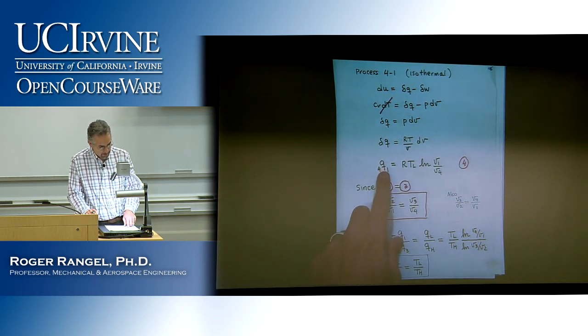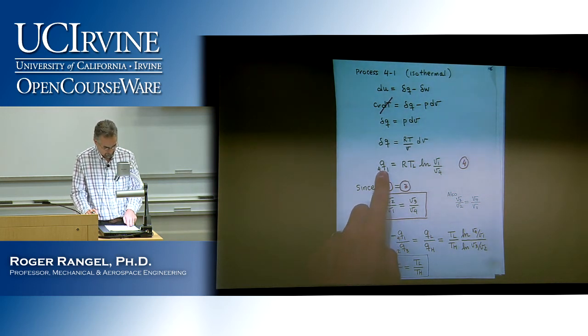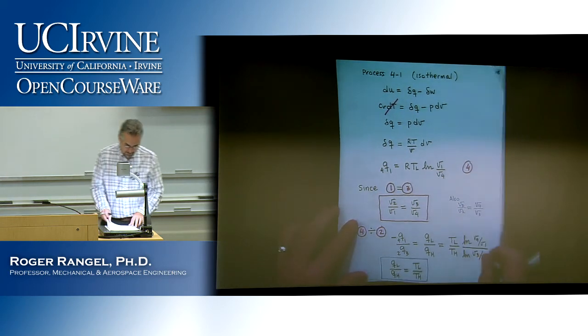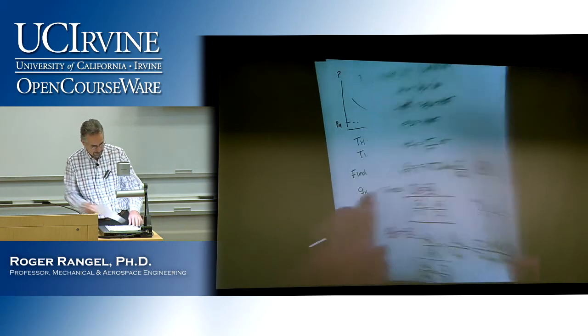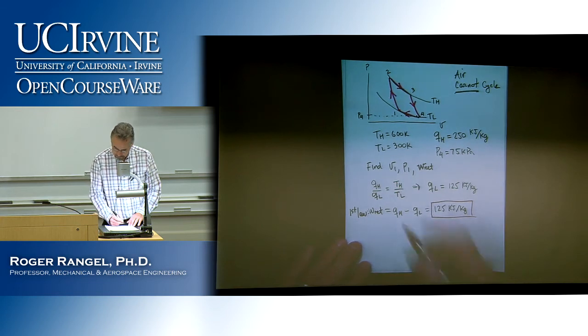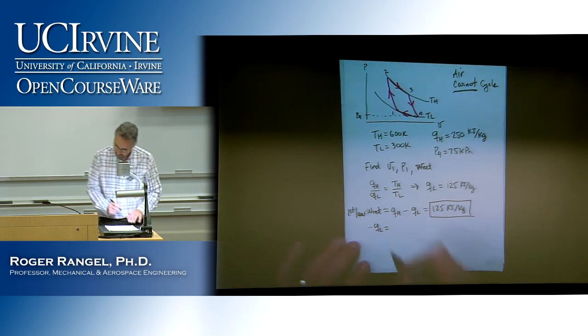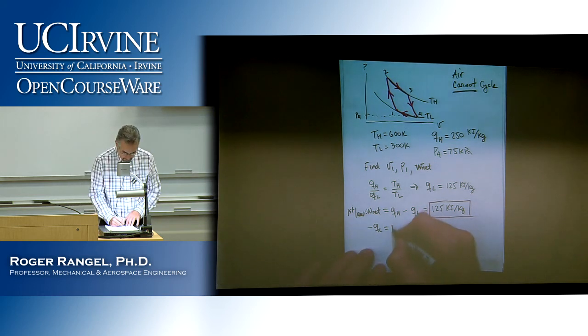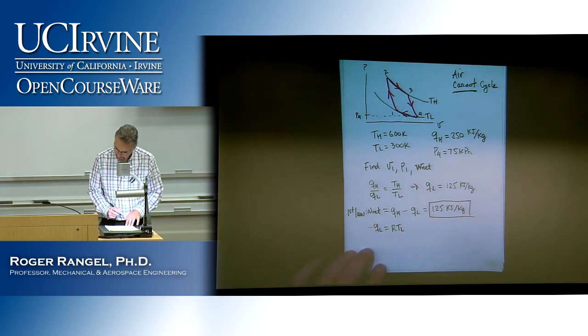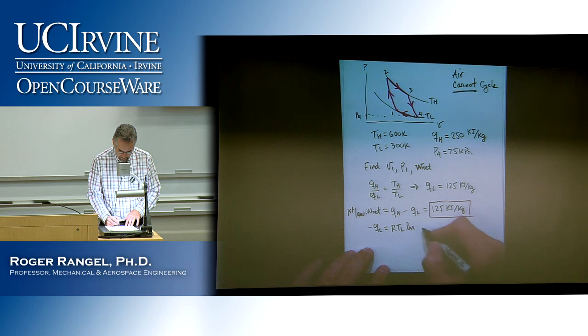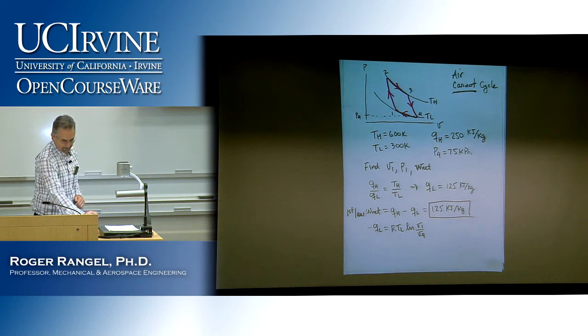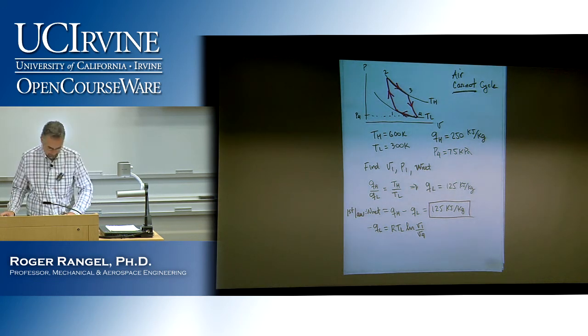So this is minus Q sub L. Writing it that way, I get minus Q sub L is equal to R T sub L natural log of V1 over V4.